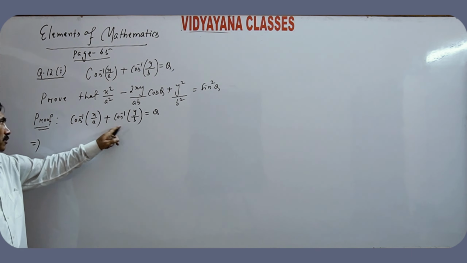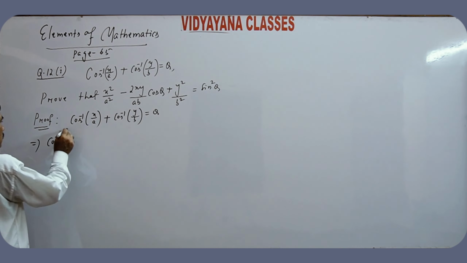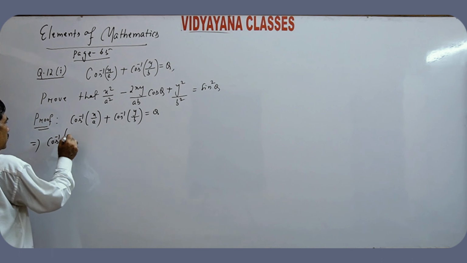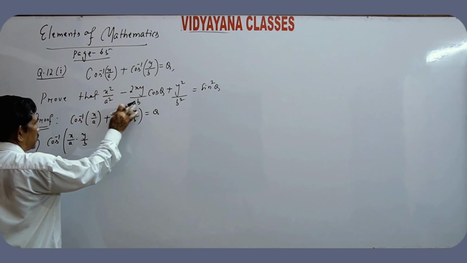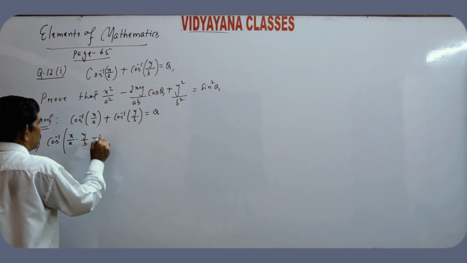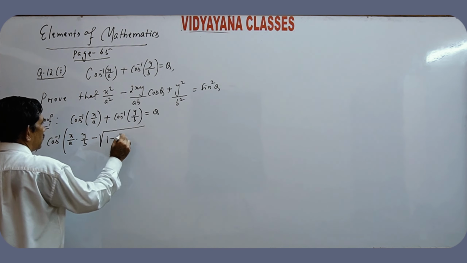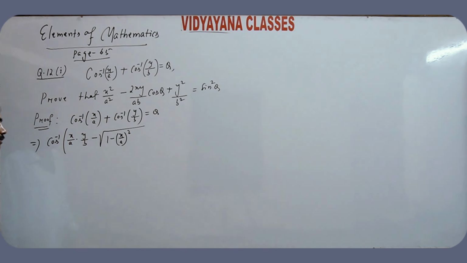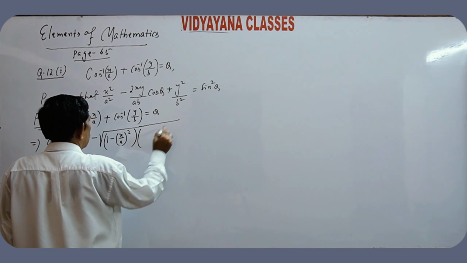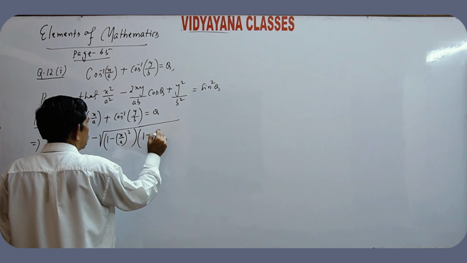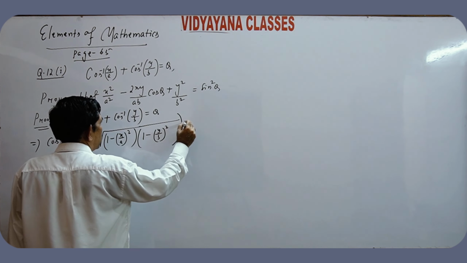Cos inverse x plus cos inverse y is equal to cos inverse of xy, where xy means x by a into y by b, minus root of 1 minus x by a whole square into 1 minus y by b whole square, is equal to theta.